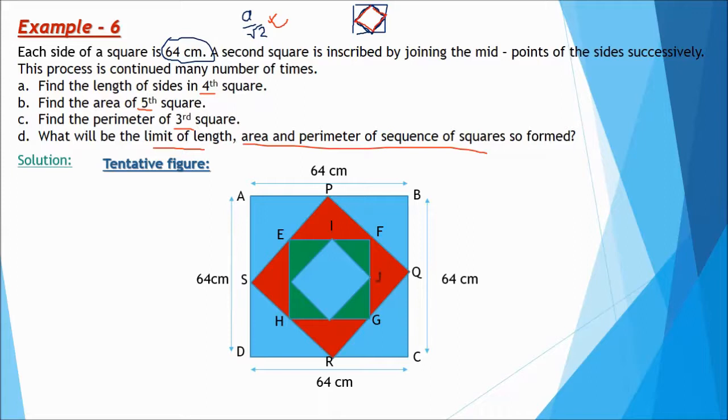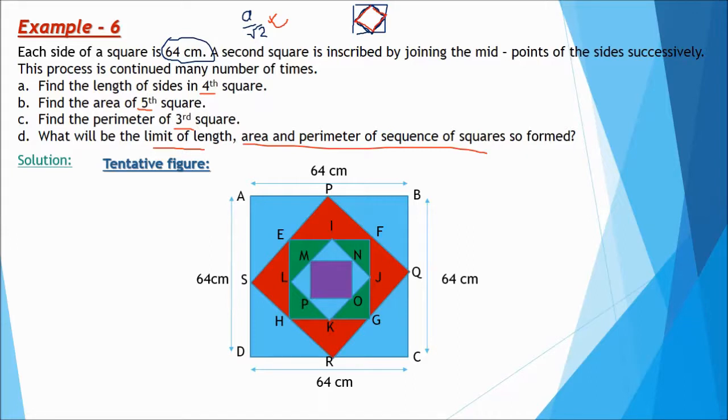I is the midpoint of EF, J is the midpoint of FG, K is the midpoint of GH, and L is the midpoint of HE. Another square is also drawn. You can see M is the midpoint of LI, N is the midpoint of IJ, O is the midpoint of JK. P is repeated, and we don't have to worry.